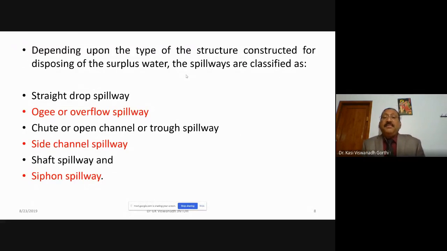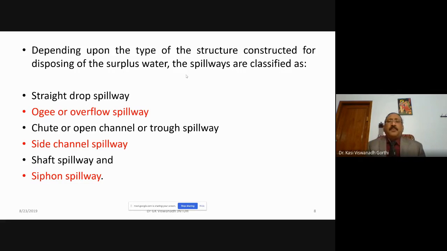Depending upon the type of structure constructed for disposing the surplus water, the spillways are classified. This is the next classification: straight drop spillway, ogee spillway, also called the overflow spillway, chute or open channel or trough spillway, side channel spillway, shaft spillway, siphon spillway.